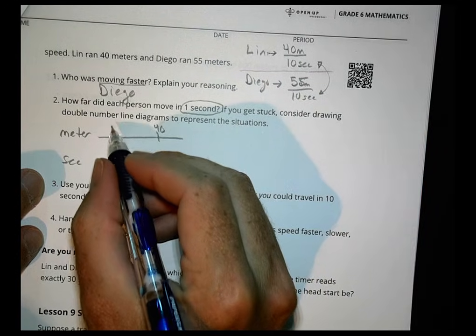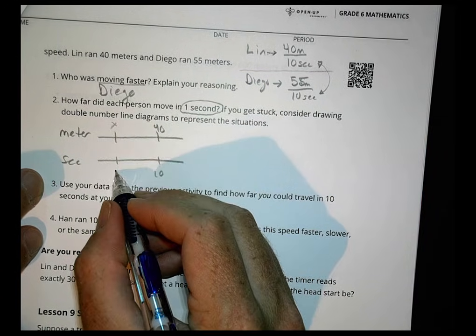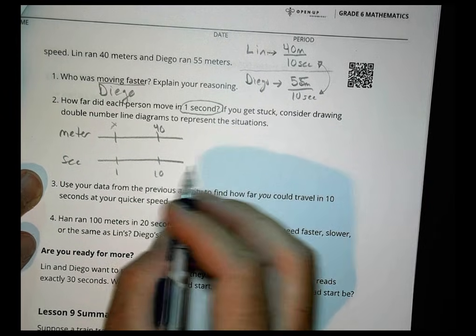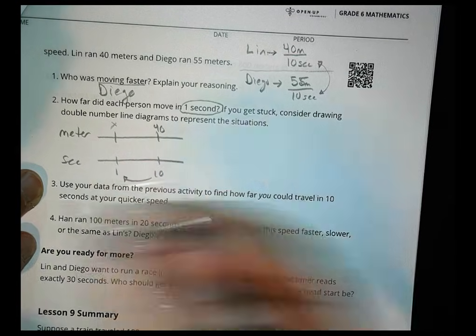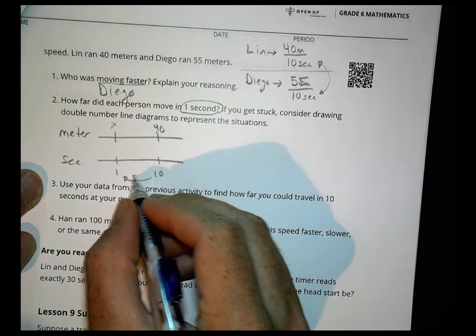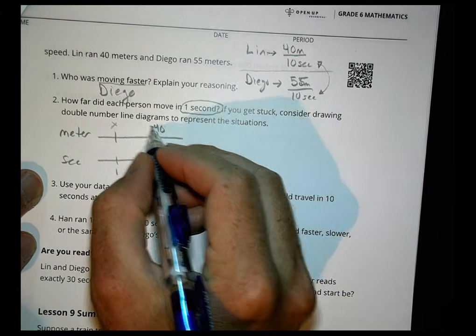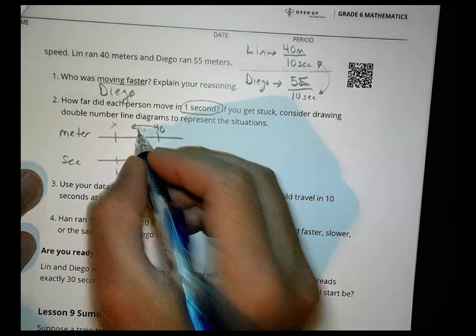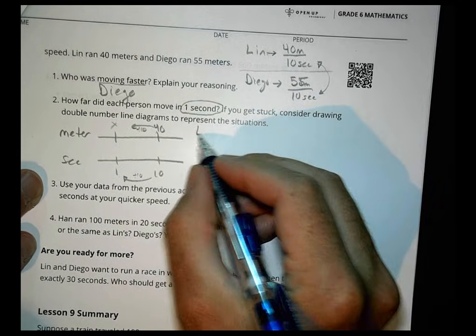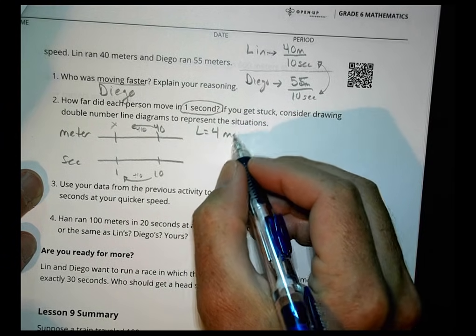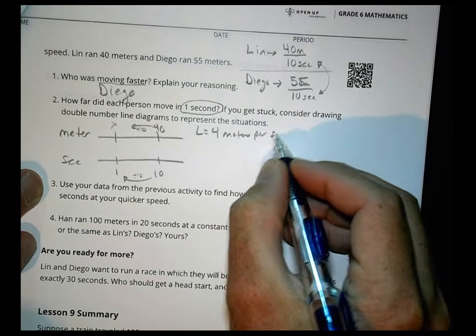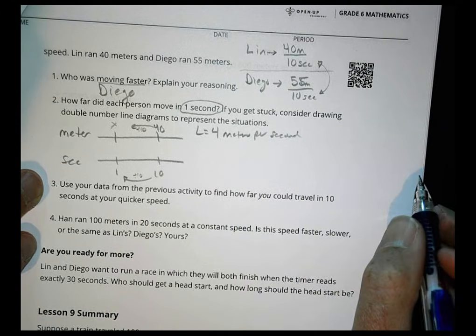The question would be, how many meters did she go in 1 second? To solve that there, if we're going this direction, we're multiplying by the reciprocal, which is times 1/10, or dividing by 10. Well, what is 40 divided by 10? 40 divided by 10 for Lynn is going to be, in this case here, 4 meters per second. That was the rate she was going in.